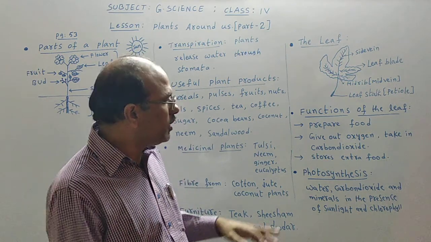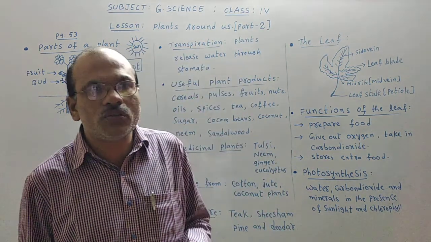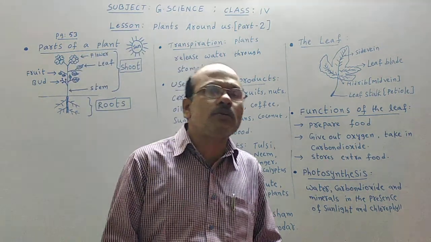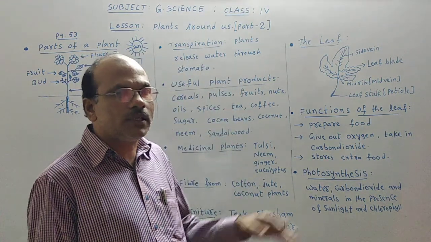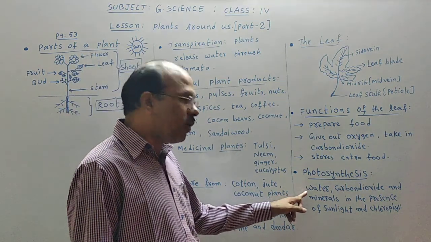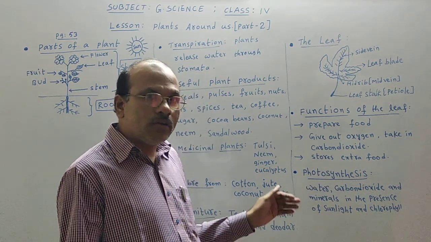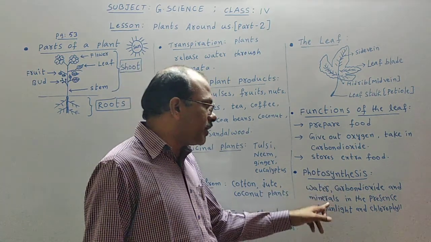Okay, now photosynthesis. It is a process by which every plant prepares food. As I said, only the leaf prepares the food, no? Water, carbon dioxide and minerals are participating.